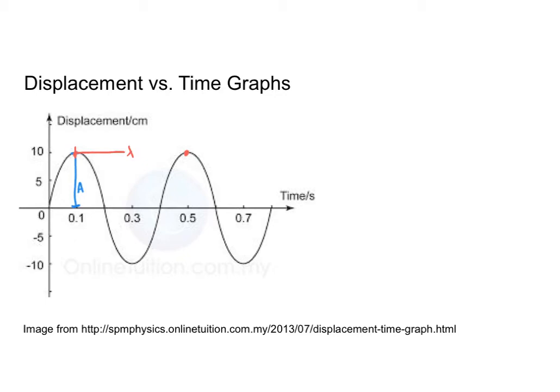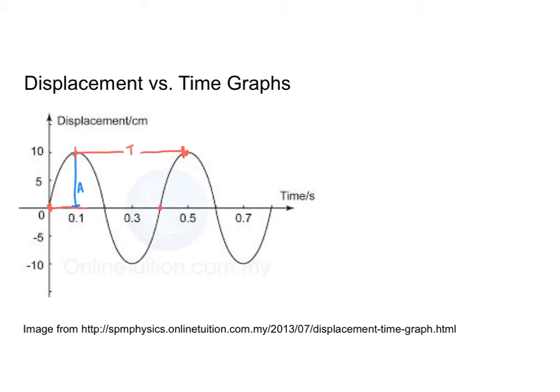So again, while this was lambda in my displacement versus distance graph, it is now my period. So I could also pretty easily calculate frequency, right, by doing 1 over my period. So I can do my period looking at those 2 points. I can also start at 0 and go through, again, one full cycle back up to 0.